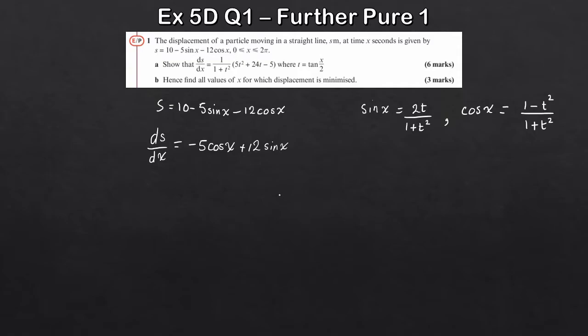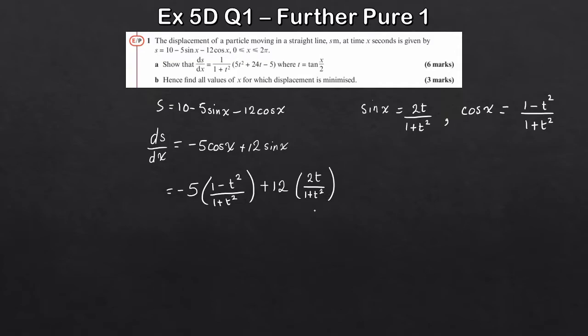So now that we've got that, all we need to do is use our substitutions here, replacing them here. So minus 5 lots of cos x, 1 minus t squared over 1 plus t squared, plus 12 lots here of 2t over 1 plus t squared.